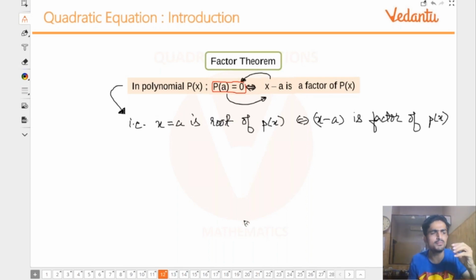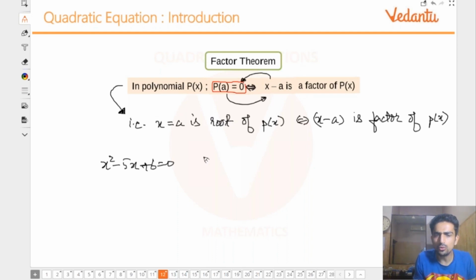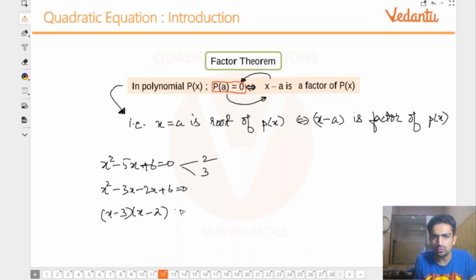If some equation has x equal to A as root, certainly when we would be factorizing it, one factor would be x minus A, and from there only we would have got x equal to A. Like x square minus 5x plus 6. This has root 2 and one root is 3, let me tell you. Now it is pretty much obvious when we will be factorizing it, one factor would come out to be x minus 3 and one factor would come out to be x minus 2.